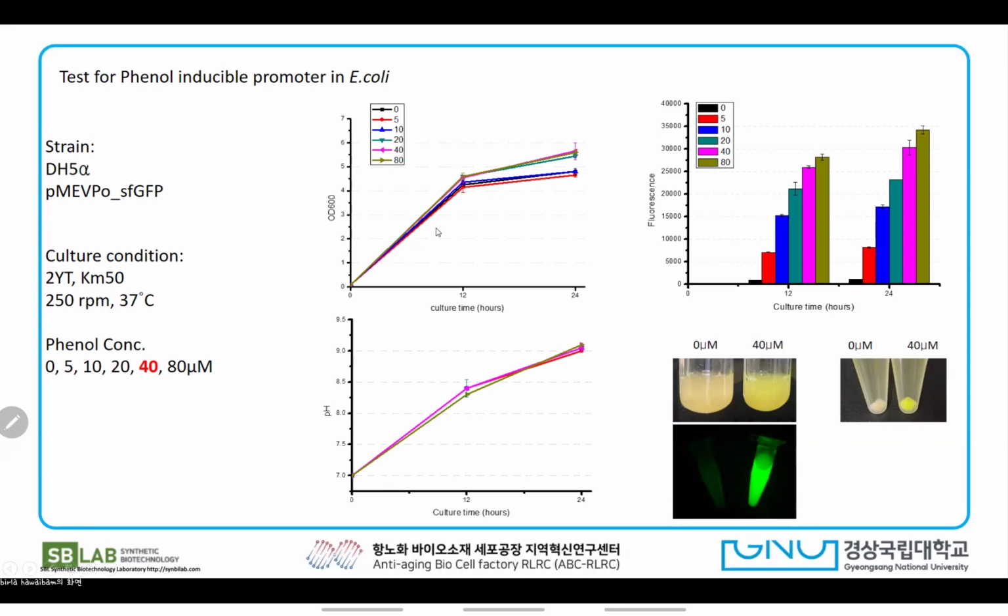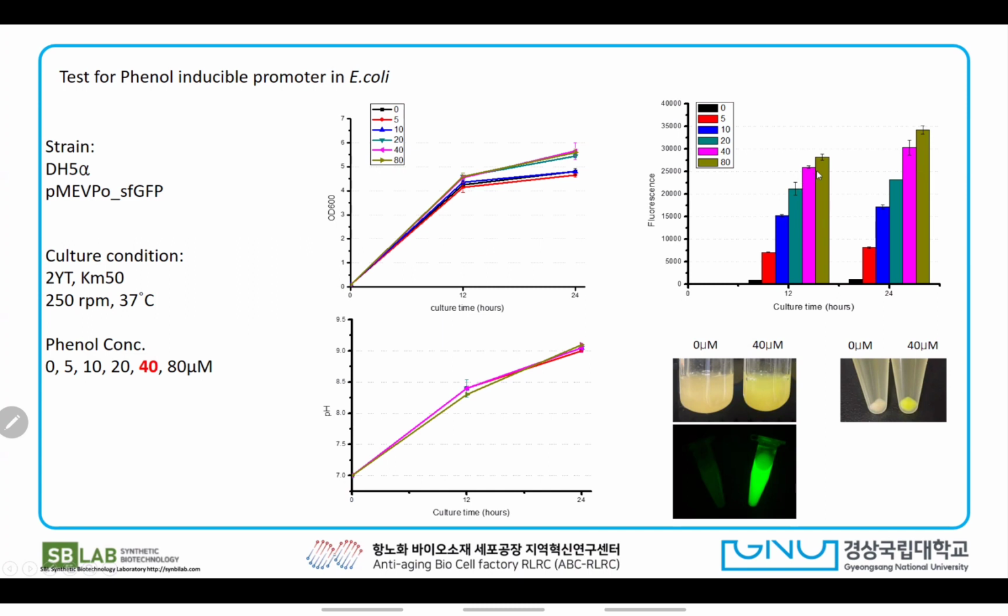But if we see the fluorescence of the SFGFP, at 0 the fluorescence is almost negligible, and then at 5, 10, 20, 40, and 80, it keeps on increasing. At 24 hours, the concentrations of 40 micromolar and 80 micromolar seem to be the optimal for E. coli expression.